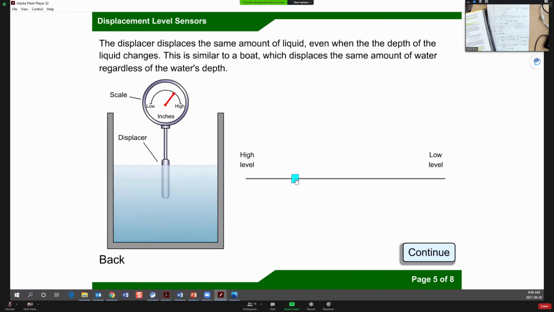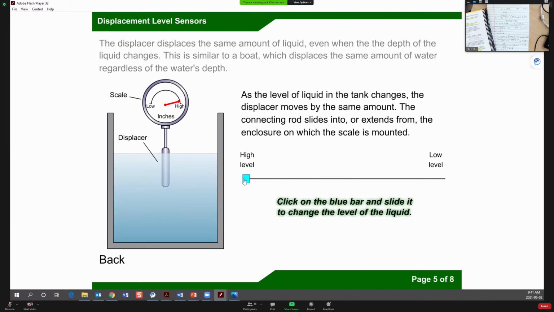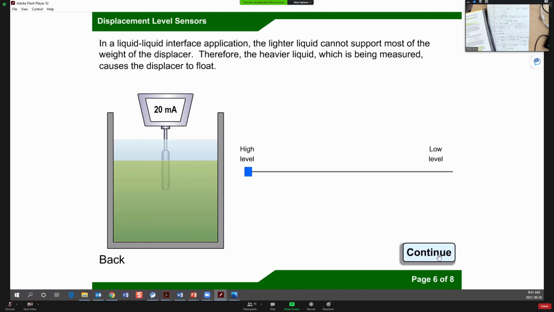So now, because it sinks into the liquid, we can actually measure the liquid level. Now we have a mixed liquid, but because the light liquid is not going to give enough force on this displacer, the displacer will sink into the heavier liquid.